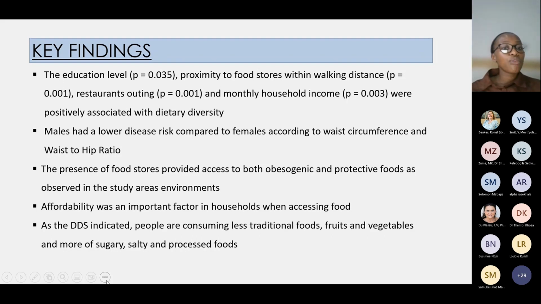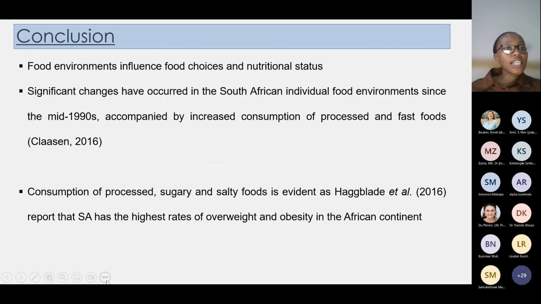The presence of food stores within the communities provided both obesogenic as well as protective foods in the study areas that we focused on. And it is of utmost importance that I mention that affordability was an important factor in accessing foods in this study.